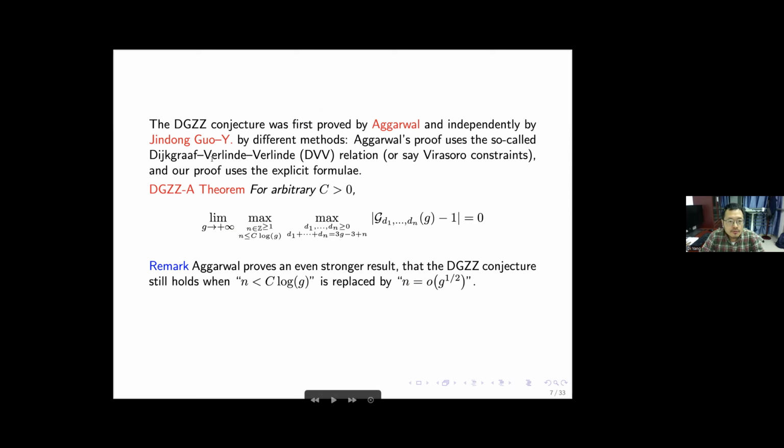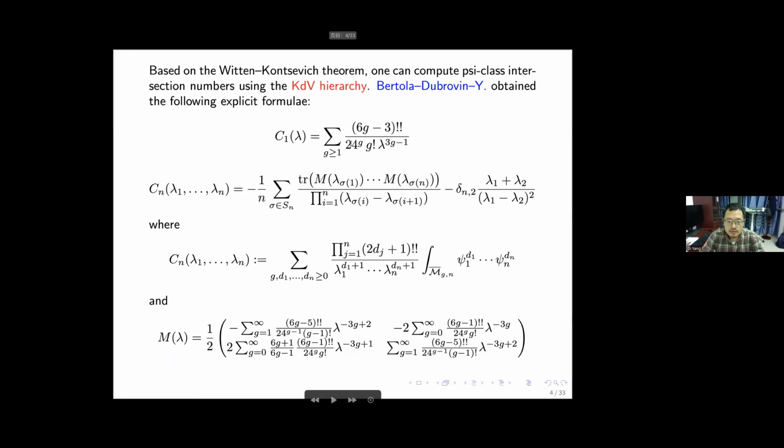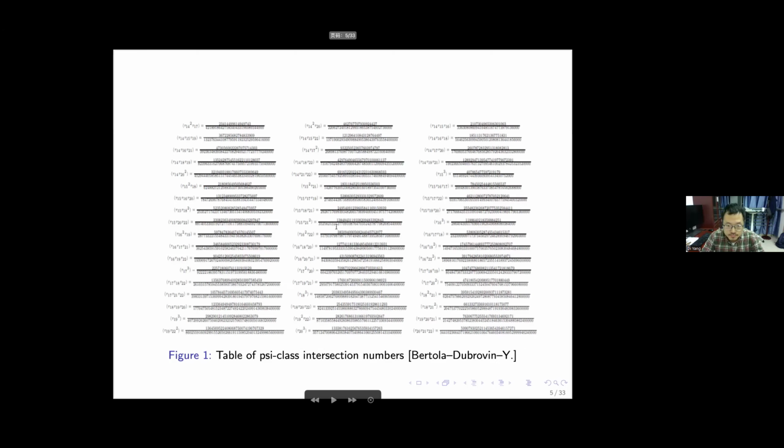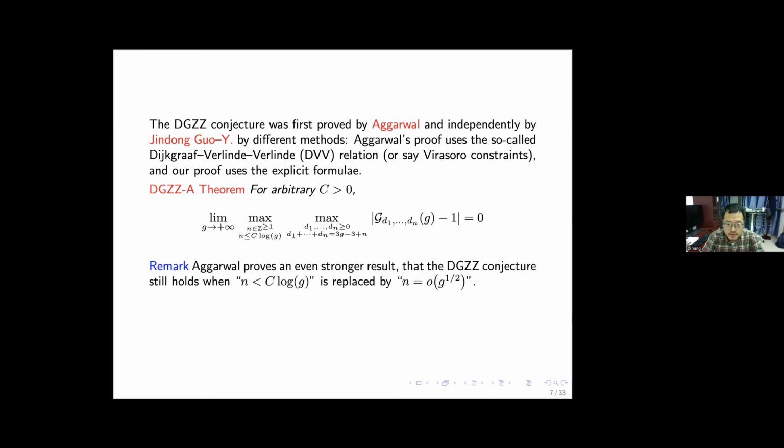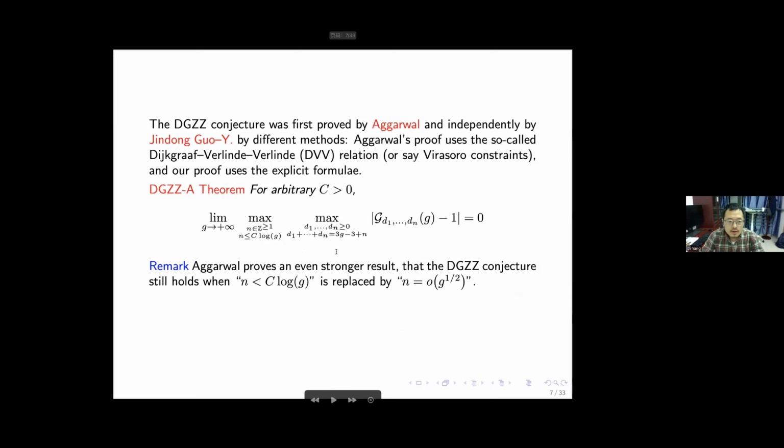And in our proof with Jindong Guo, we use the explicit formula here, this trace formula. They are also called the determinantal formulas. So you see here we can show this n can reach arbitrary C times log g, and in this range it is uniform.